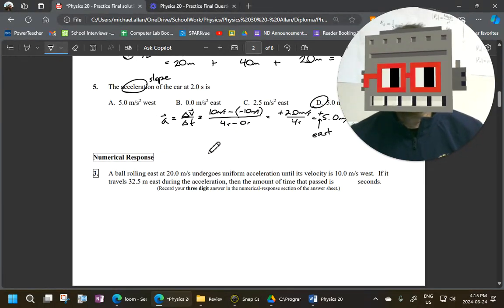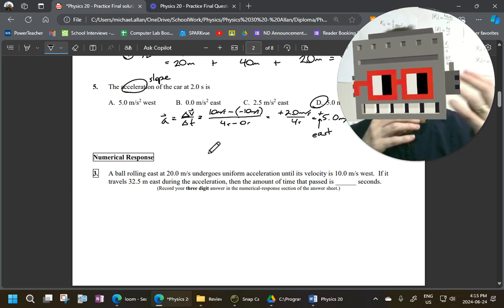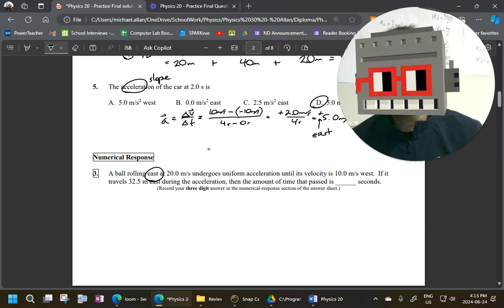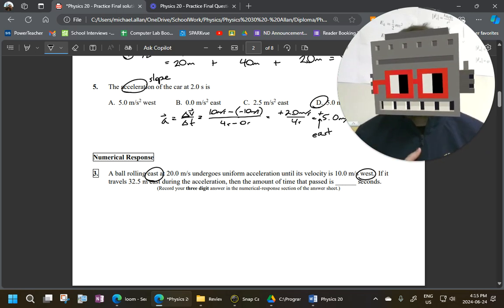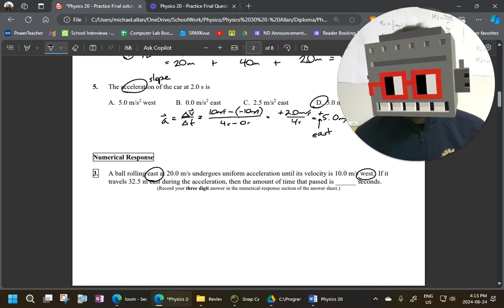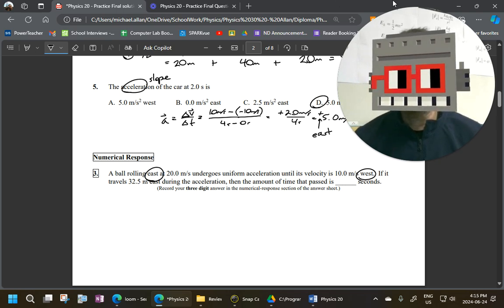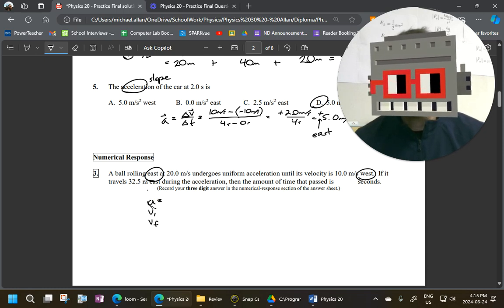All right, so we got a ball here. It's undergoing uniform accelerated motion. It changes the velocity from 20 east to 10 west in 32.5 meters. How much time has passed? Okay, so it undergoes acceleration, so that means I'm going to have to know 3 of these pieces of information.